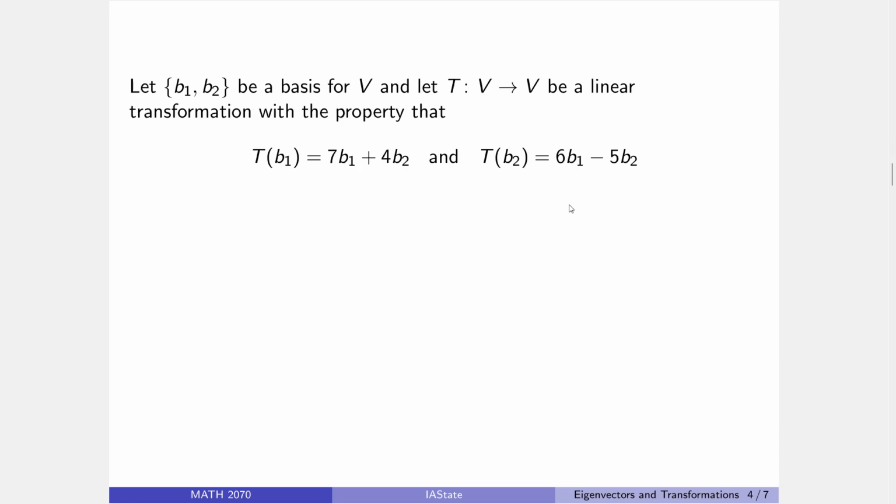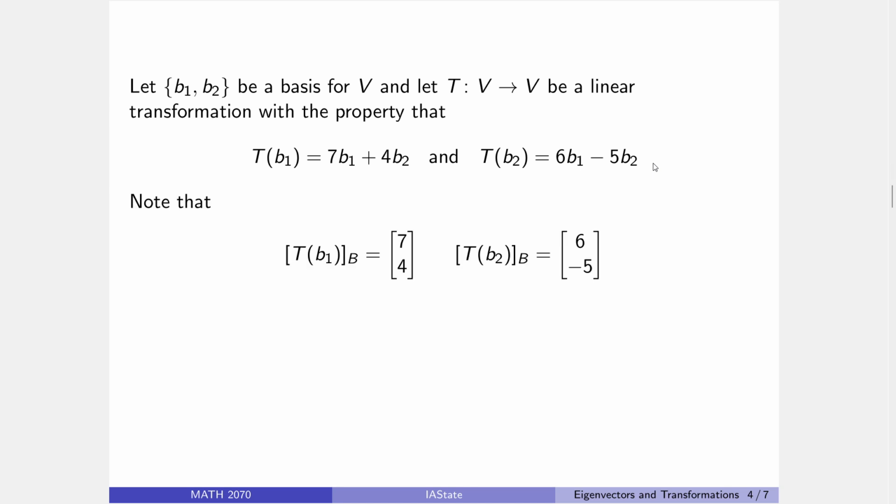So let's get some examples. Suppose I have B1, B2, a basis for vector space V, and a linear transform T, and I know what this linear transform does to my basis elements. It sends B1 to 7B1 plus 4B2, and it sends B2 to 6B1 minus 5B2.